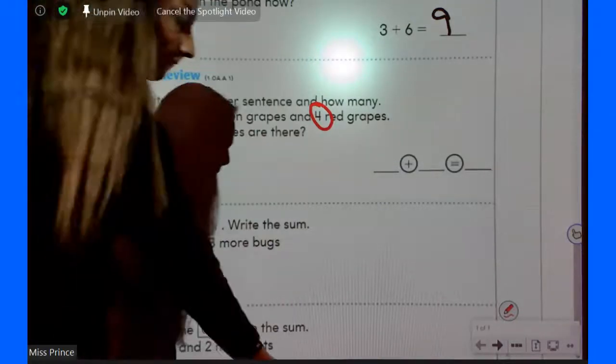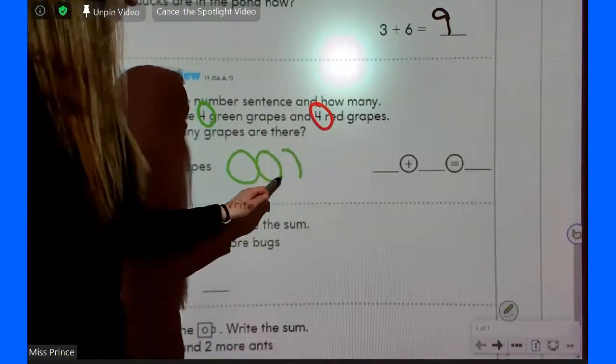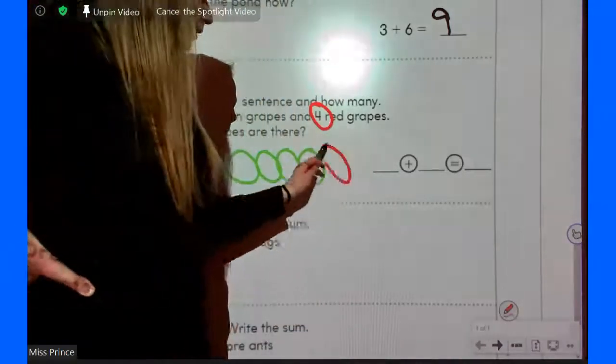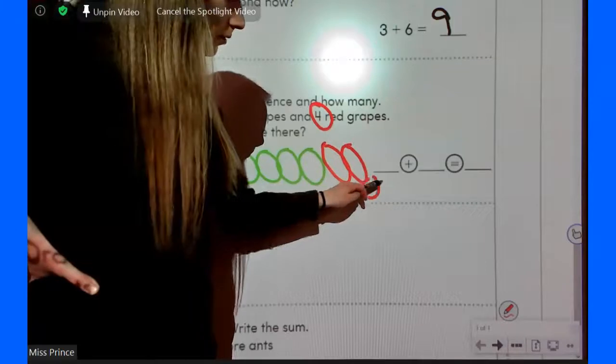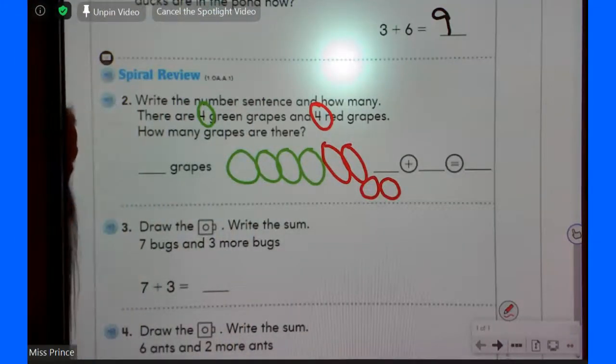So let's draw our 4 green grapes. 1, 2, 3, 4. And our 4 red grapes. 1, 2, 3, 4. Deleza, how many grapes are there altogether?